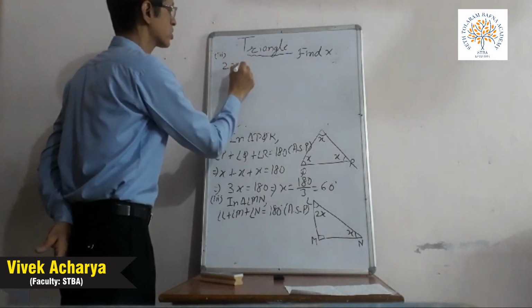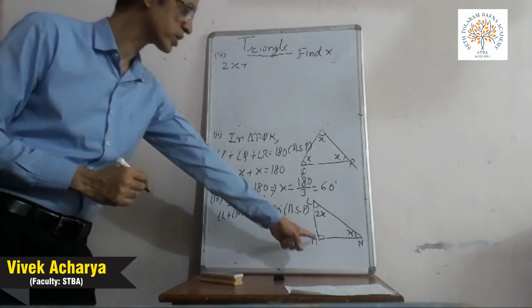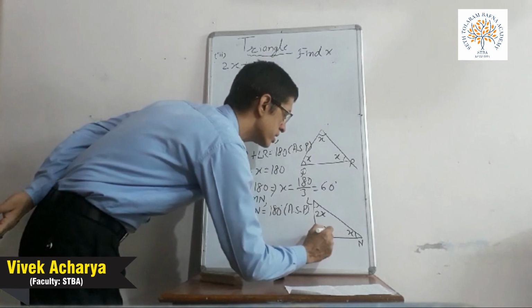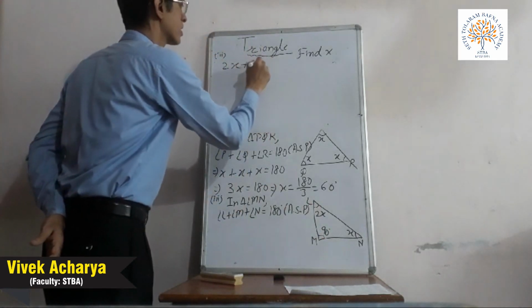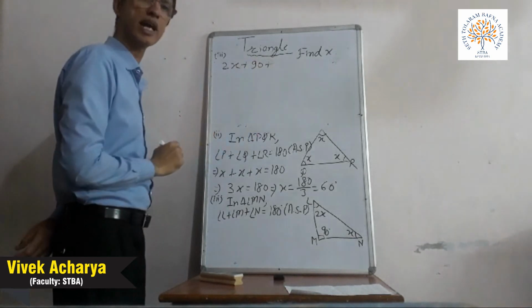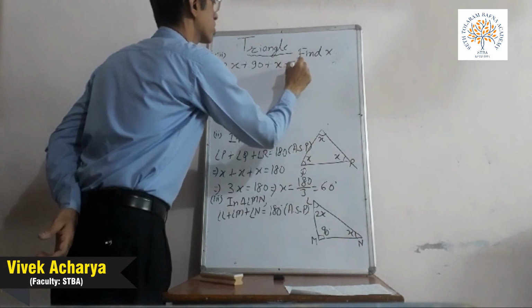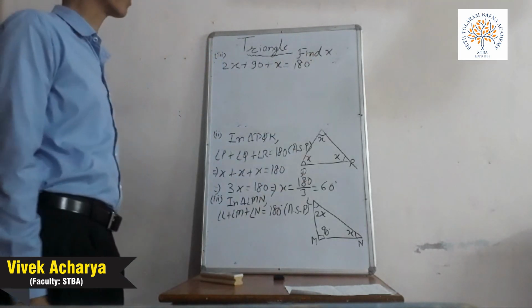So this one is 2x plus angle M equals 90 degrees. As I told you, this symbol means it is an angle of 90 degrees. So it is 2x plus 90 and angle N equals x, and the total becomes 180 degrees.